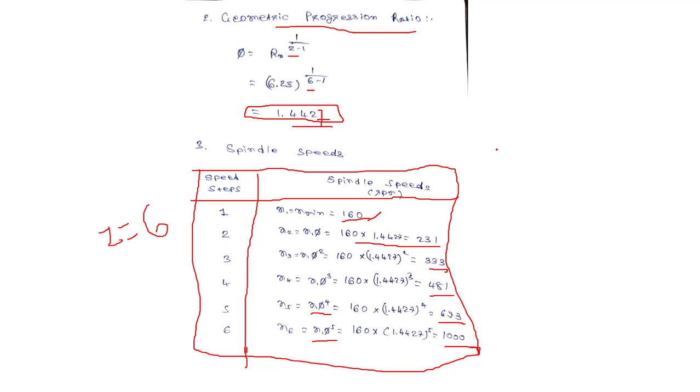If we change the gear to second, we get the speed 231. For third gear, or third arrangement, we get the speed 331. For the fourth arrangement we get the speed 481. For the fifth arrangement we get the speed 693, and for the last arrangement we get the speed 1000.